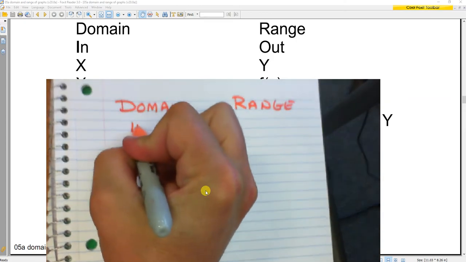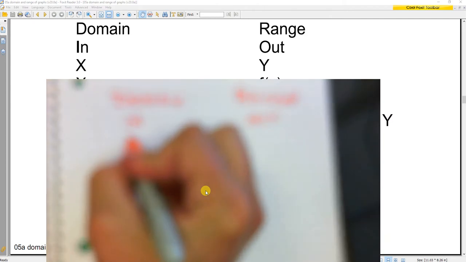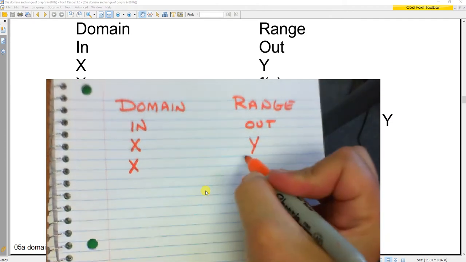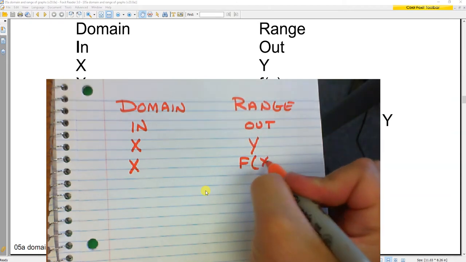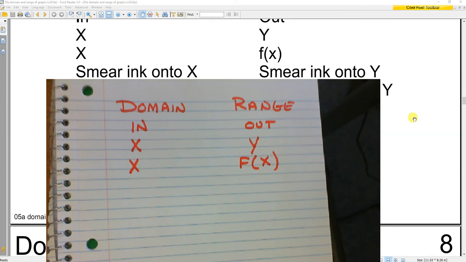Domain is the in, range is the out. Usually we think of domain as we put in x's, we get out y's. We put in x's, we get out f of x's. So we've got domain and range, ins and outs.